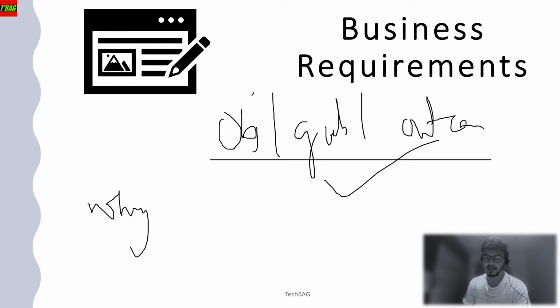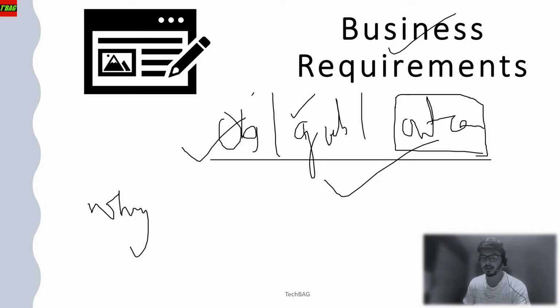So if you understand why, what is the business objective, and what is the particular goal and outcome of a business, and you are trying to achieve that, then you are achieving the business requirement. So why we are doing it is the most important thing. What we are getting as an outcome is also a most important thing.